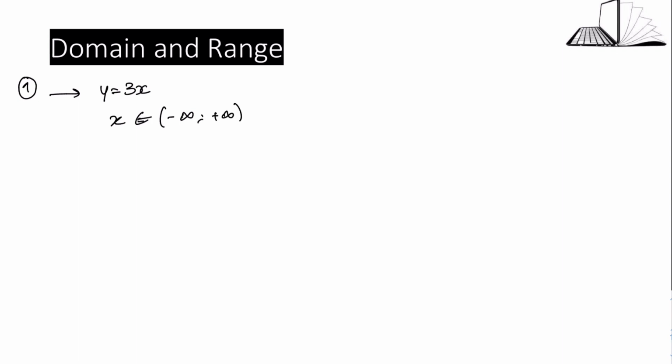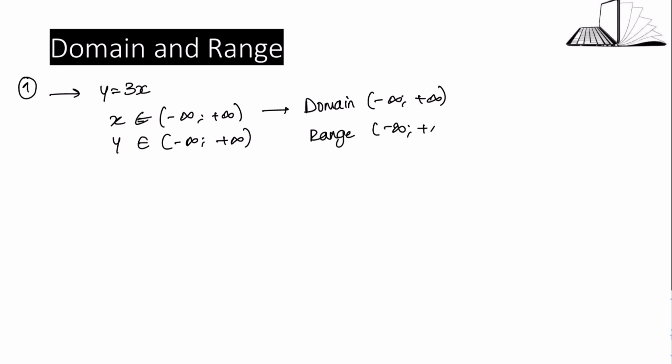There is no problem; x can take any of these values. And because x can take any of these values, y also can be from minus infinity to plus infinity. So the values of x range from minus infinity to plus infinity, and the range is also from minus infinity to plus infinity. There are no restrictions.